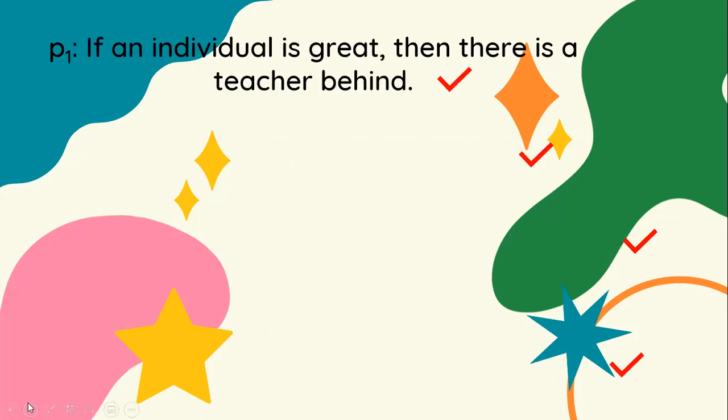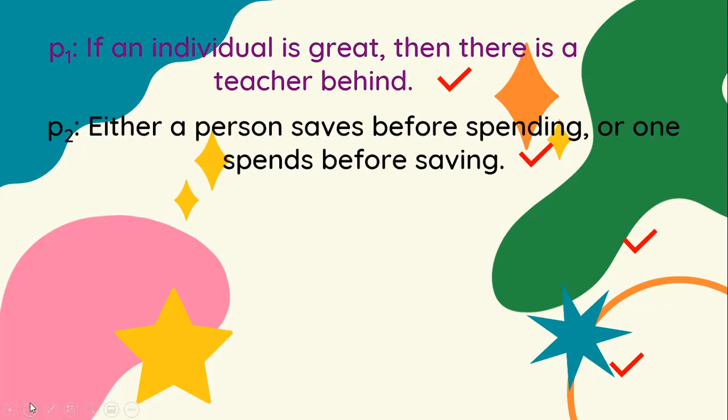Same with P sub 1. This is a declarative: if an individual is great, then there is a teacher behind. But not in all cases, because sometimes the individual himself can establish whether he is great or not. P sub 2, either a person saves before spending or spends before saving, is also an example of a proposition.